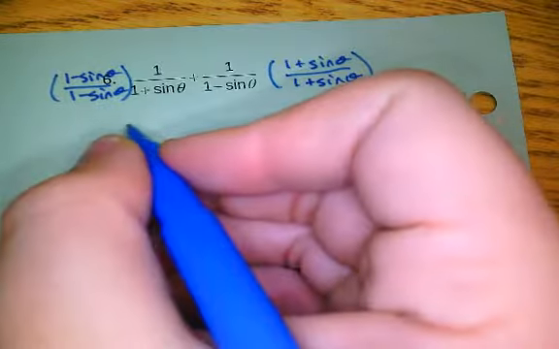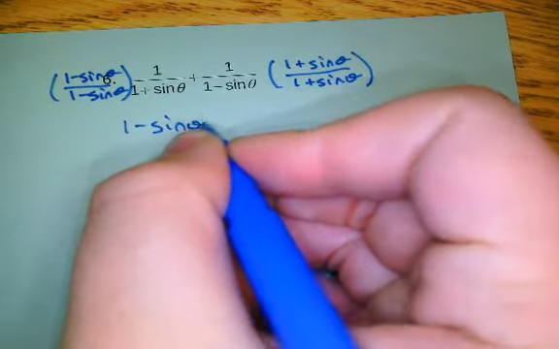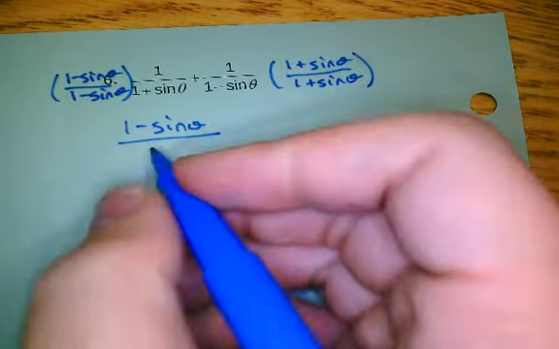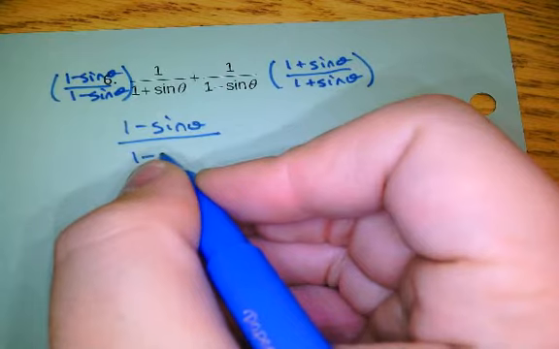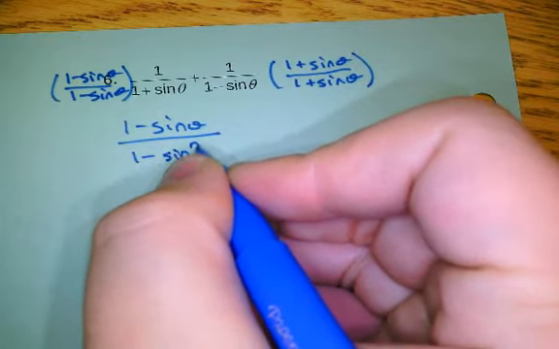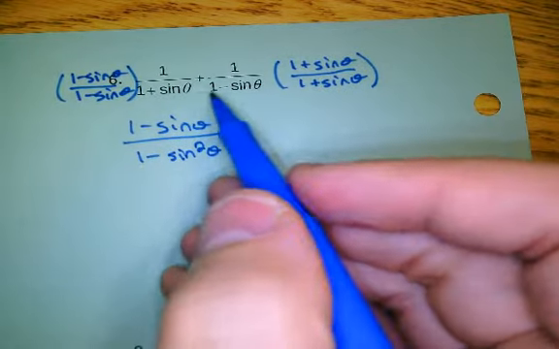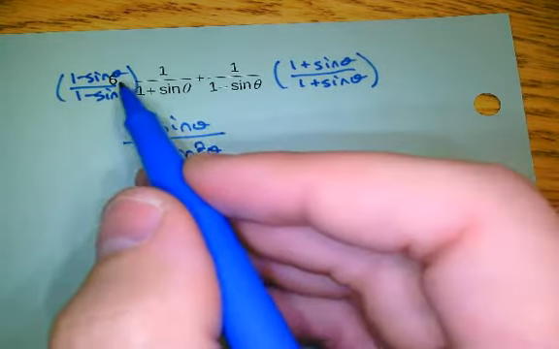So I'm going to get 1 minus sine theta all over 1 minus sine. Why are you doing the other side too? Because since I have a 1 plus and 1 minus, I need to do both of them.